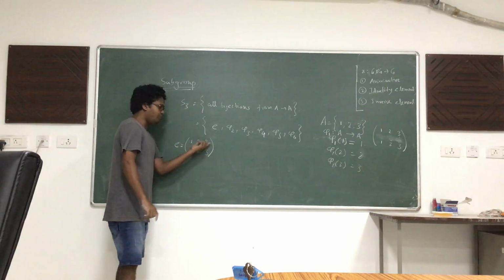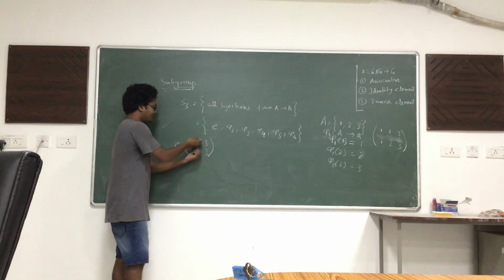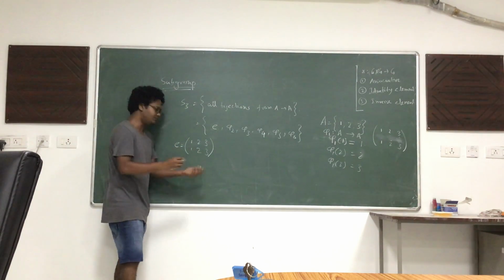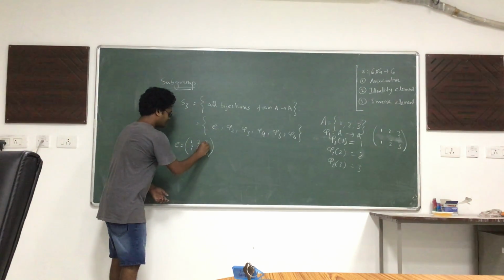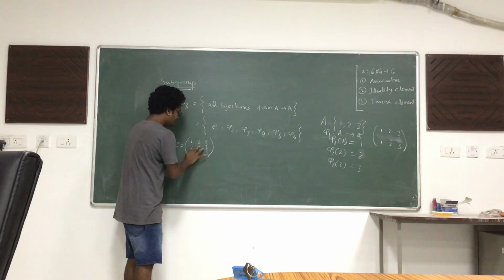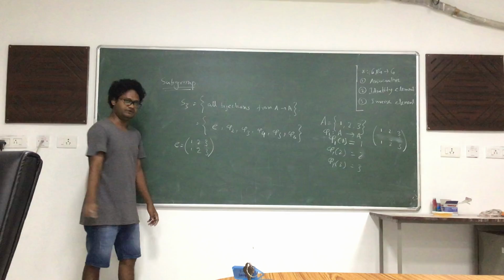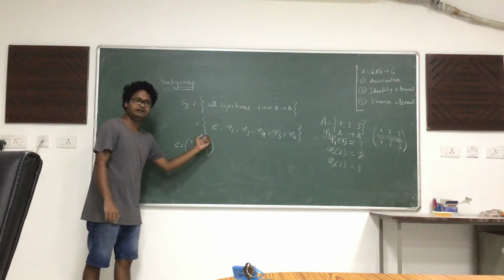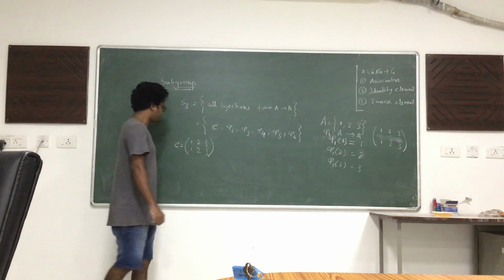In the top row, it does not matter how you write it. You can write 2 here, 1 here. It does not matter because this basically says what is the map. But the bottom row says which maps to which. So that order matters given the ordering in the first row.